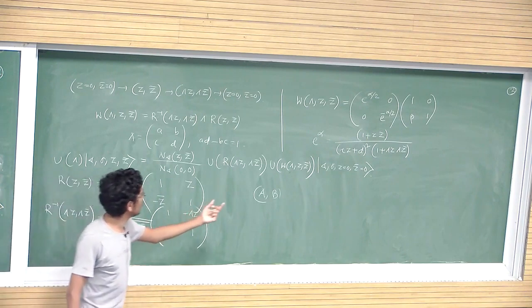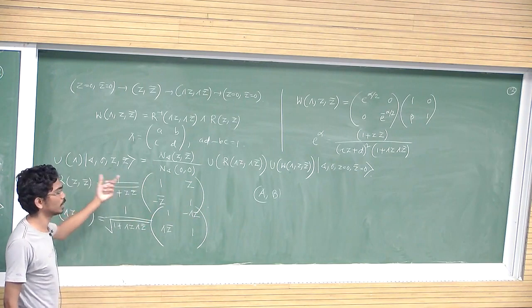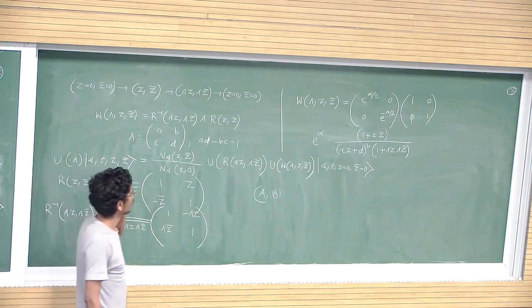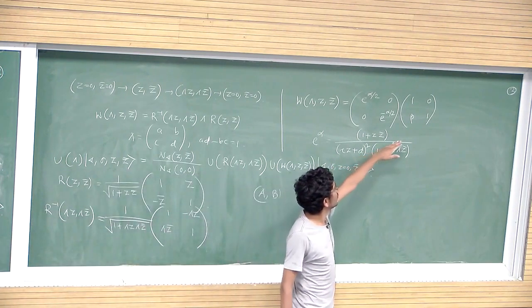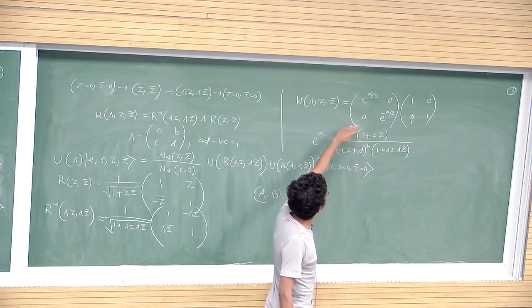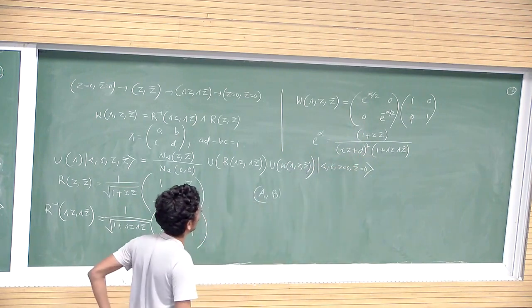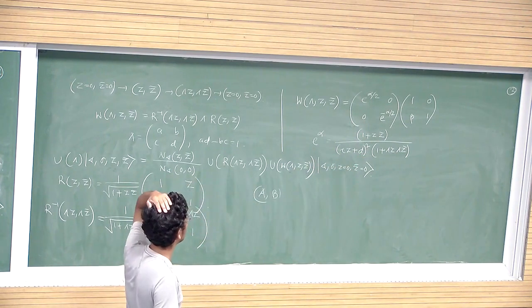Since A B acting on those P states is 0, A B acting on this delta sigma z bar is also 0. So I am not interested in the explicit form of beta, but e to the alpha, given by this expression, is important.